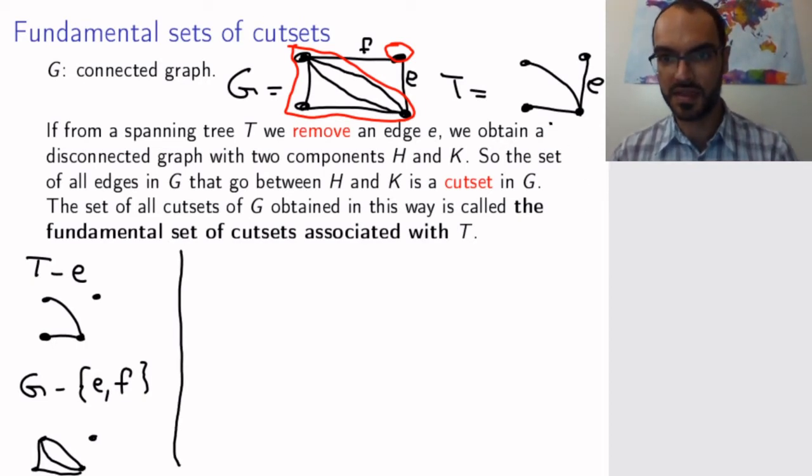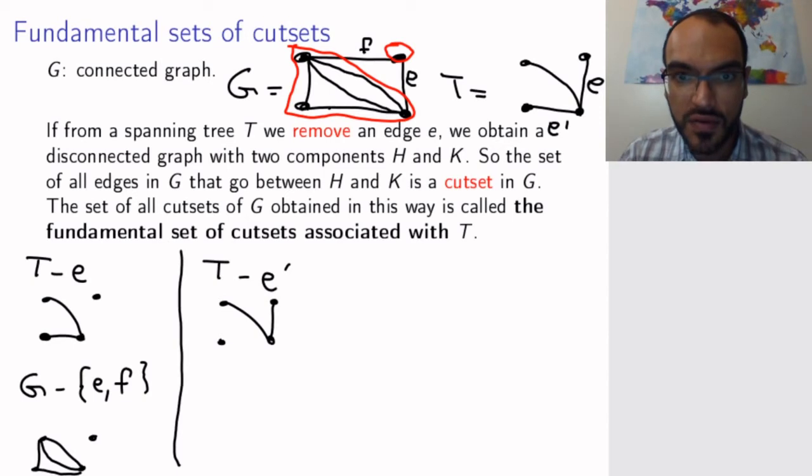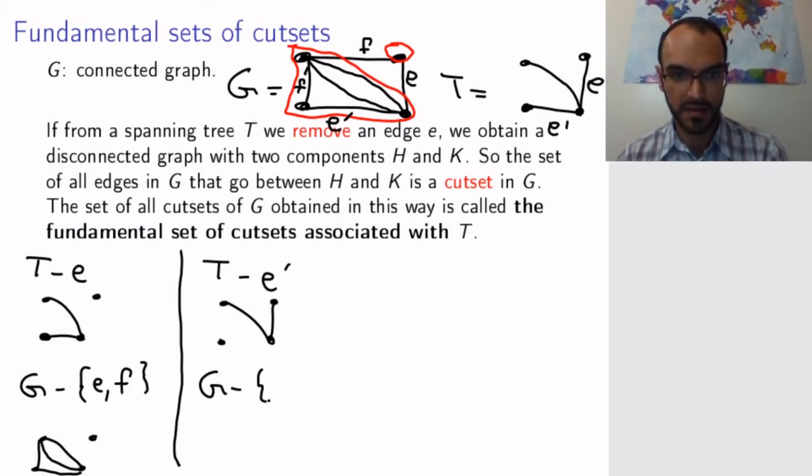Okay, that's what we did with the edge E. Let's do the same thing with the edge E prime. So if I take T minus E prime, then I will get something that looks like this. So I need to remove E prime from G, but also this edge, let's call it F prime. And indeed, if I do that, I will get a graph that looks like this.